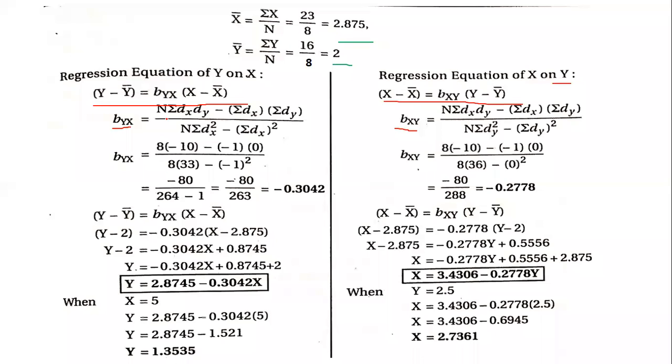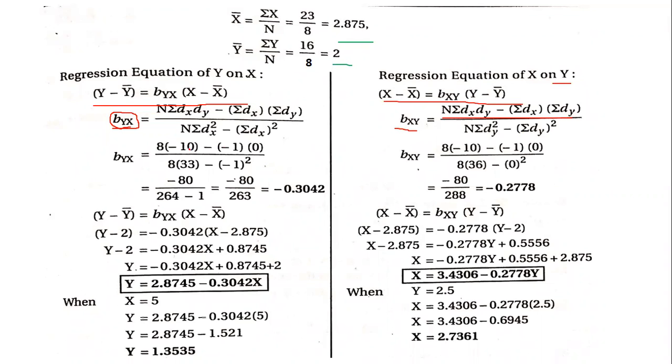So we'll write the formula: n into sigma dx dy minus sigma dx into sigma dy whole, divided by n into sigma dx square minus sigma dx whole square. This is byx, sorry, y on x coefficient. Coming to x on y coefficient, the numerator will be same. The denominator is n into sigma dy square minus sigma dy whole square.